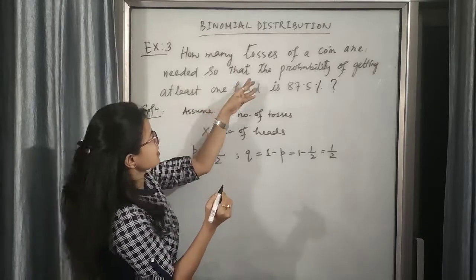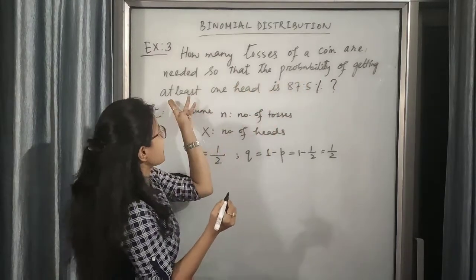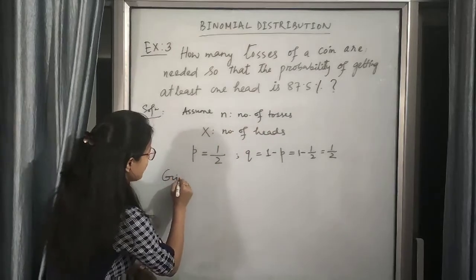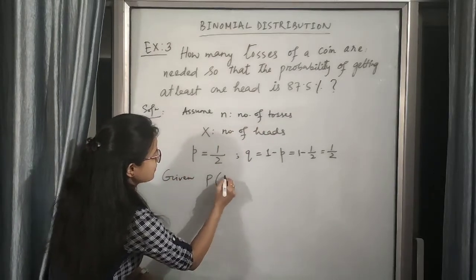Next, the given condition is that the probability of getting at least one head is 87.5%. So we can use that given condition now.